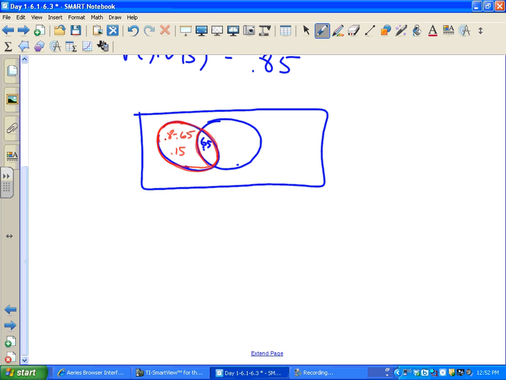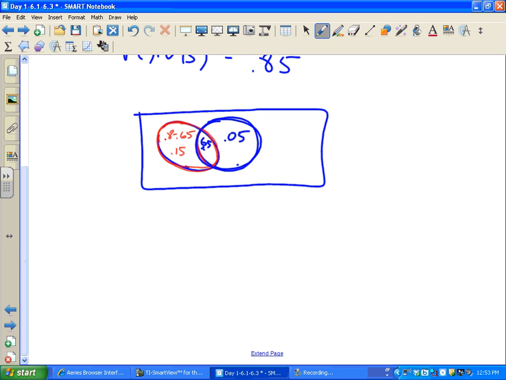Now, does the whole red circle equal 80% of him making a free throw? Yeah. Does it still match with our 65% of them both making it? Yeah. And if you wanted to see DeMarcus, he's the blue circle. That was 70% of the time. It stands to reason, hopefully, if they both make it 65% of the time, then he's only going to make it by himself 5% of the time.